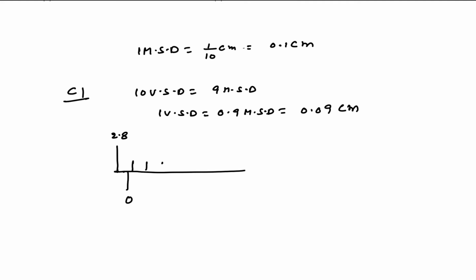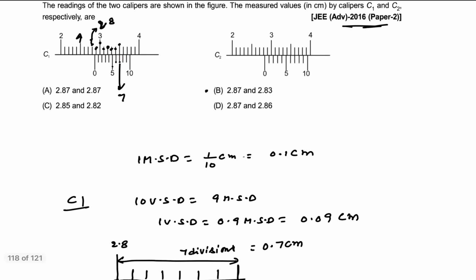From 2.5 to these 7 divisions are there. Wait, these are the 7 divisions. These 7 divisions are 0.7 centimeters.